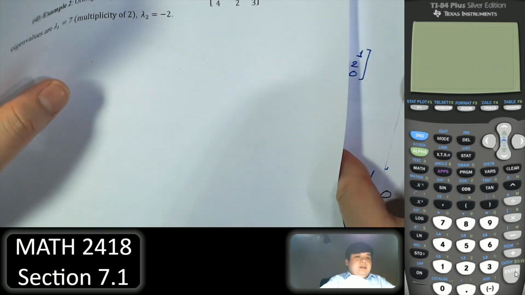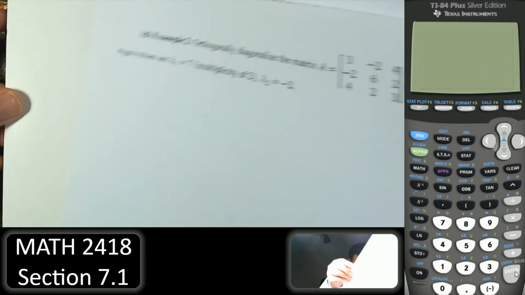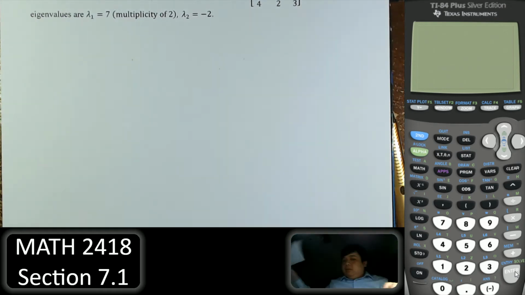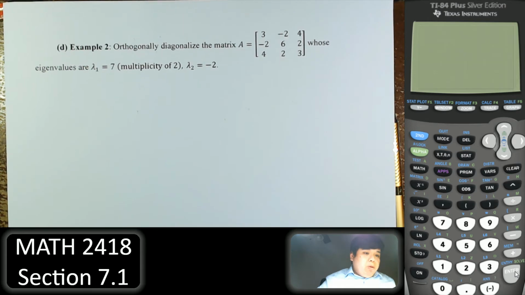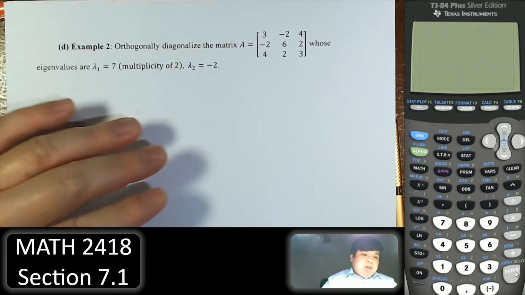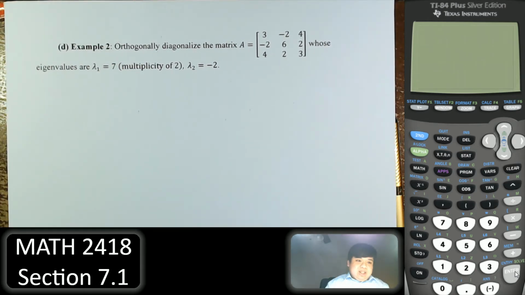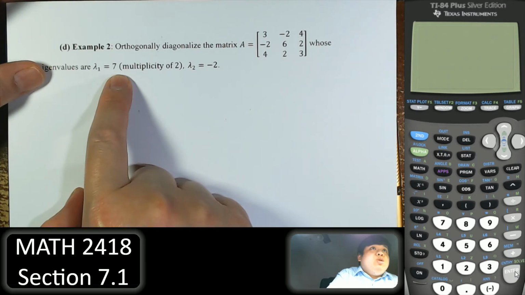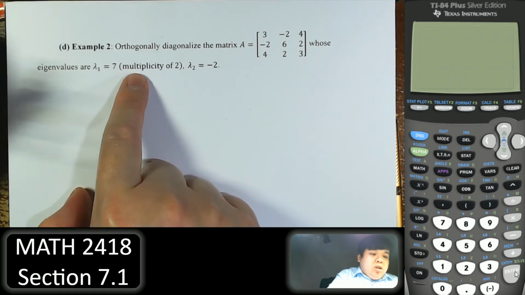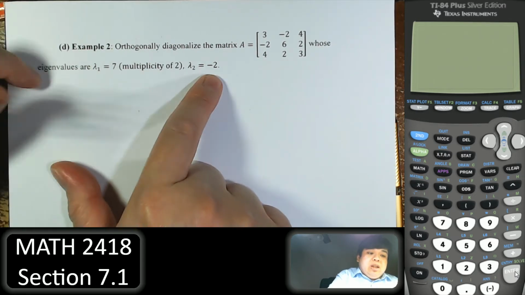Right. Let's do another example. Probably won't have enough time or space to complete the problem because this takes even longer. But this time we are given eigenvalues lambda 1 with multiplicity of 2 and lambda 3 is negative 2.